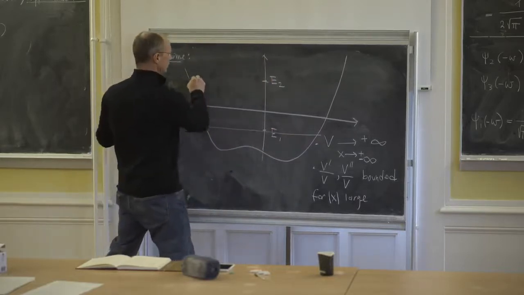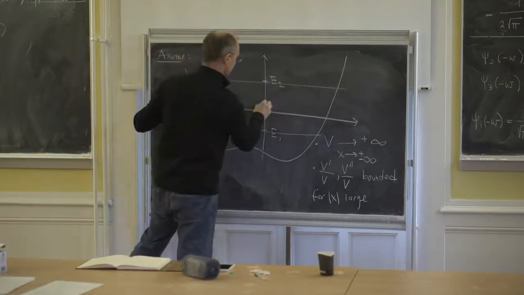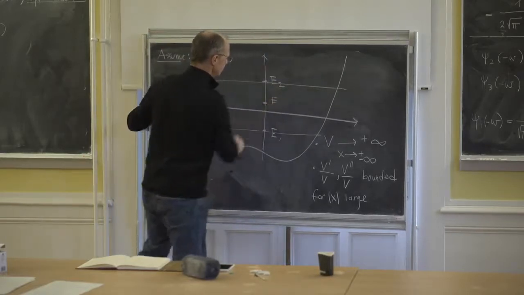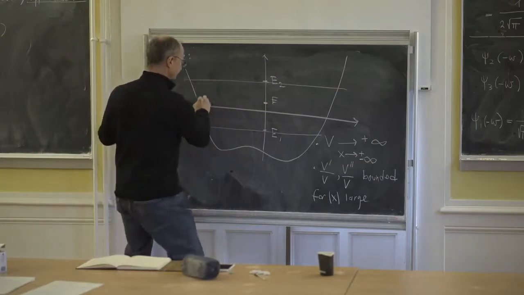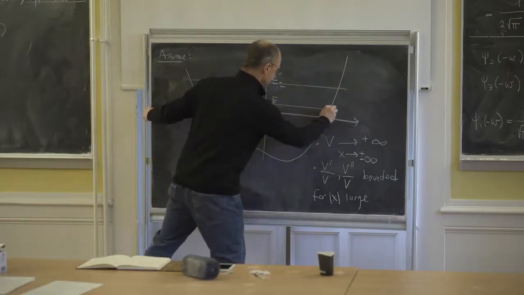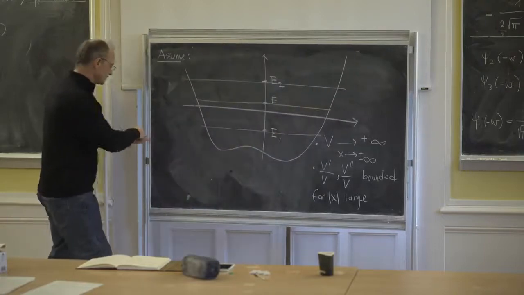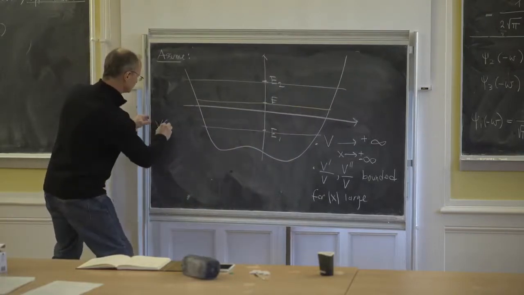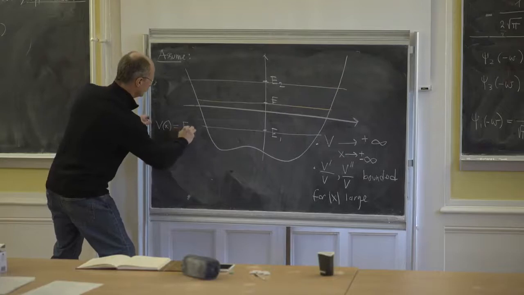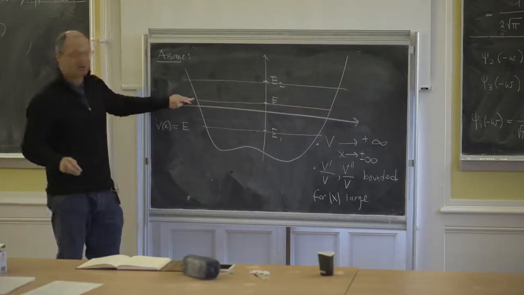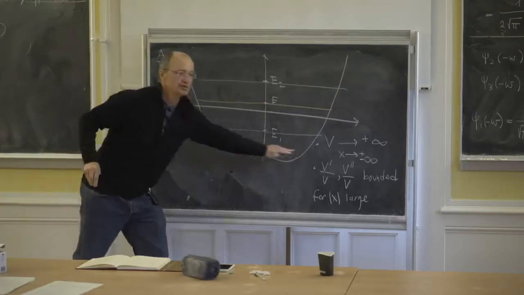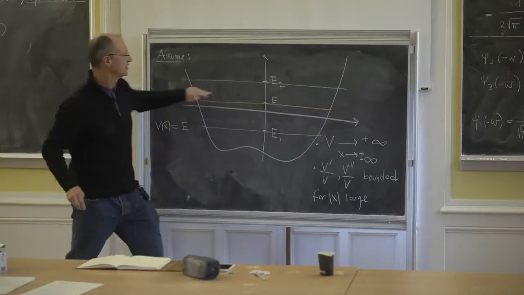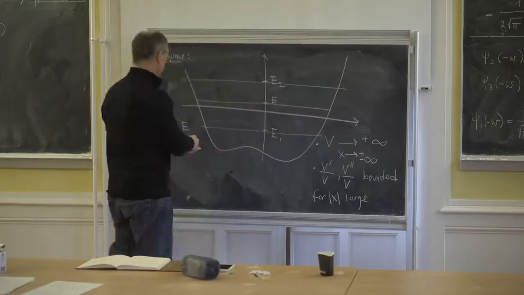And we want the following. For any energy E in the window between E1 and E2, we want the equation V of x equal to E to have only two solutions. So we don't want to be in that region, to simplify things. So we want these two solutions.